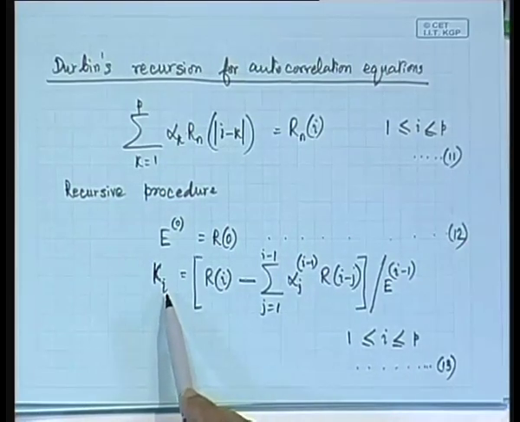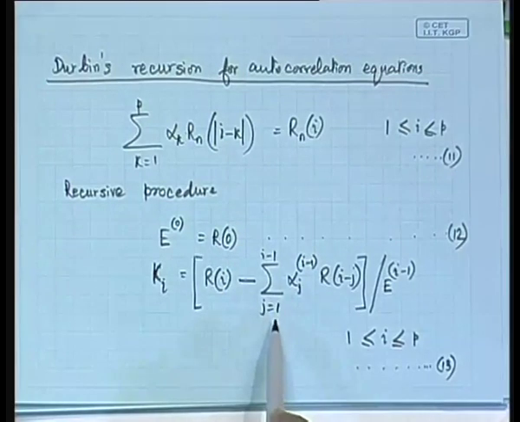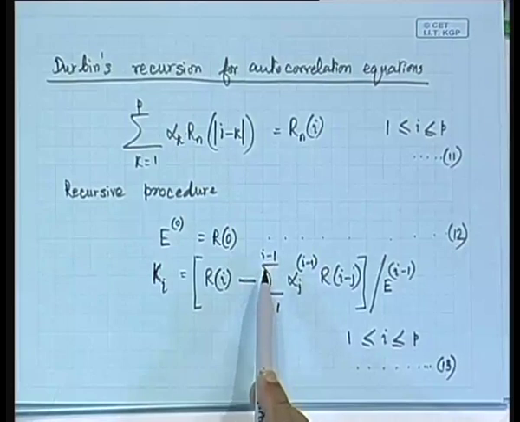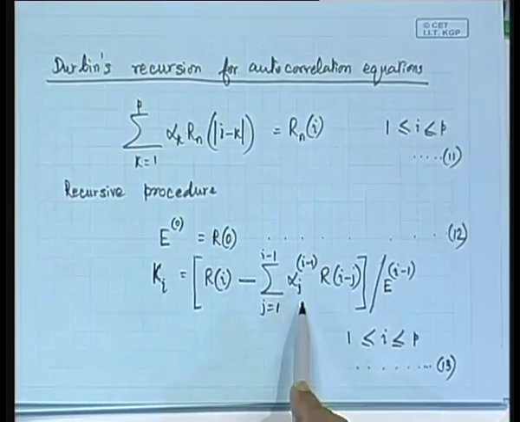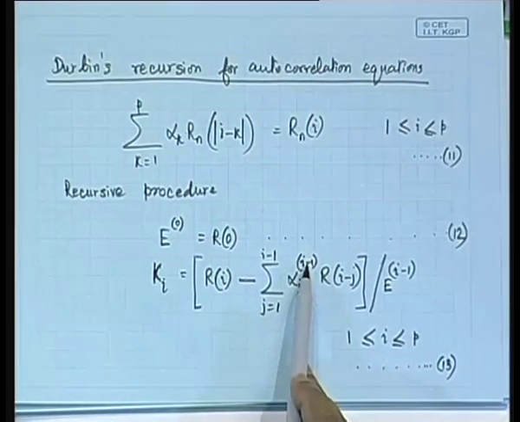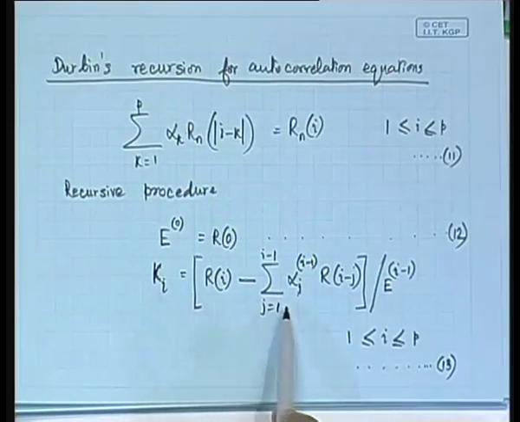So K2 will be equal to R2 minus the summation, J is equal to 1 to what is I? I is equal to 2. So J is equal to 1 only. So only one term will be remaining corresponding to J is equal to 1. And what is that? Alpha 1 1, and alpha 1 1 we know already. Alpha 1 1 we require. I is equal to 2, okay, and J is equal to 1.